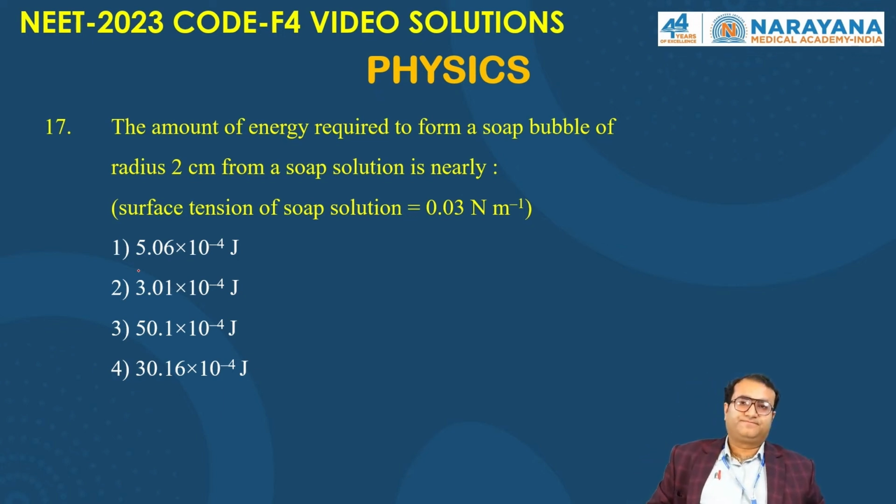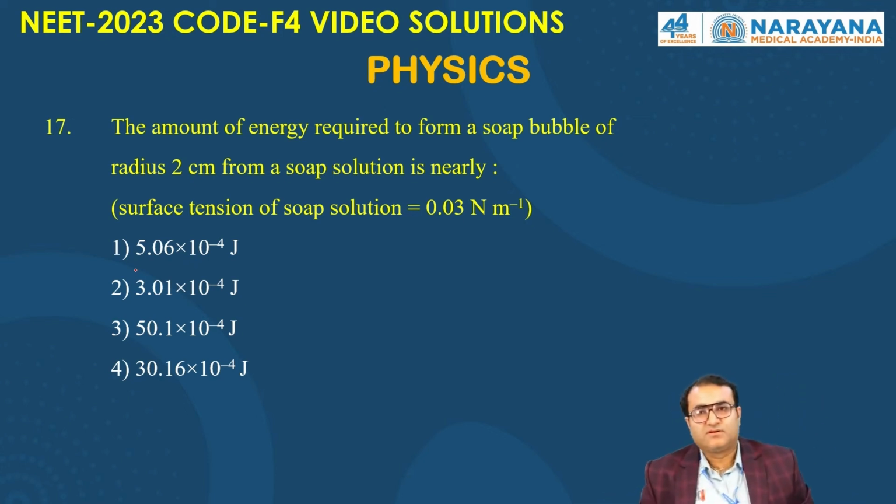Question number 17. The amount of energy required for a soap bubble of radius 2 centimeter from a soap solution is nearly. Soap bubble has 2 layers. Basically, it is asking surface energy, amount of work energy required. So it is T into 2 into 4 pi r square.